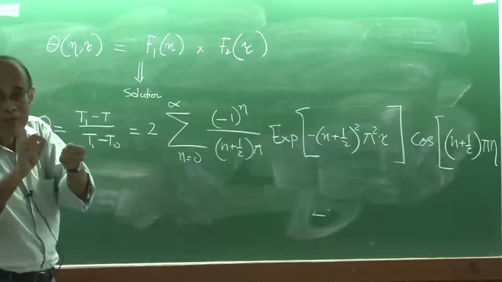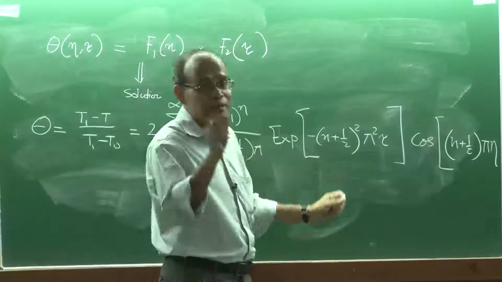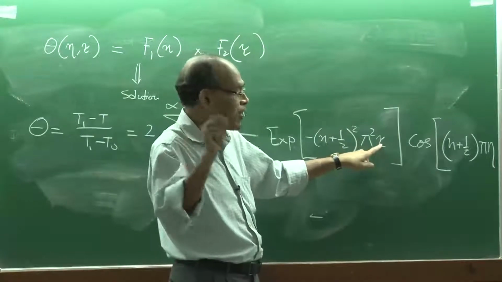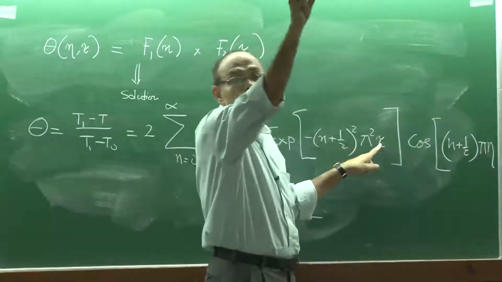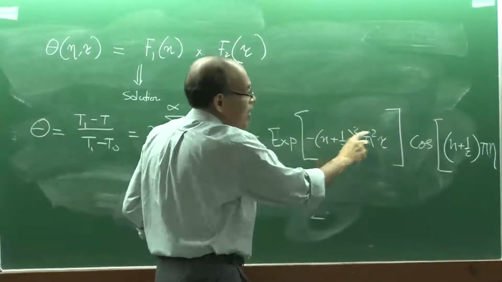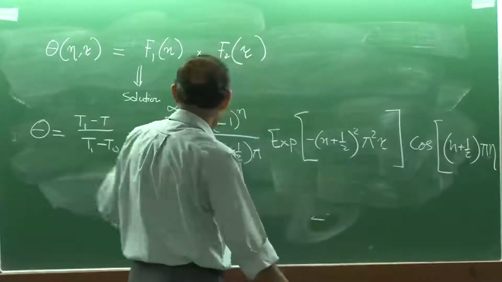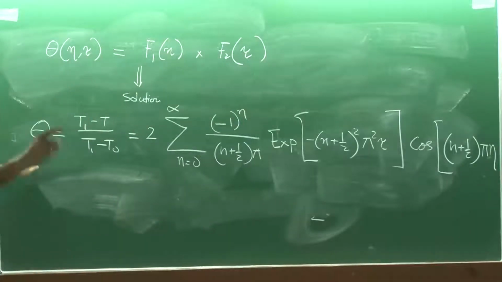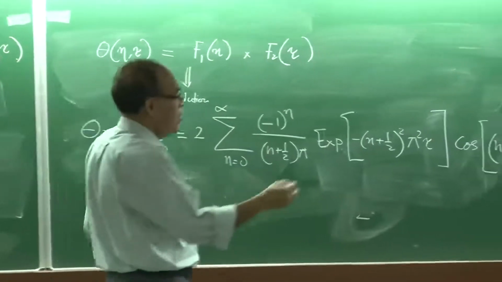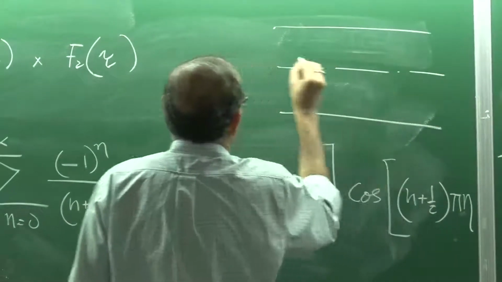So, you will require your calculator in order to compute this, and what you are going to get, you can say, for example, at tau is equal to 0.1, at that particular non-dimensional time, for various values of eta from +1 to -1, what is the temperature. So, you can compute the value of this, and then this will keep on changing depending on whether you put +1 or -1 or any intermediate value. So, you have to do a large number of calculations in order to find the distribution of non-dimensional temperature between.